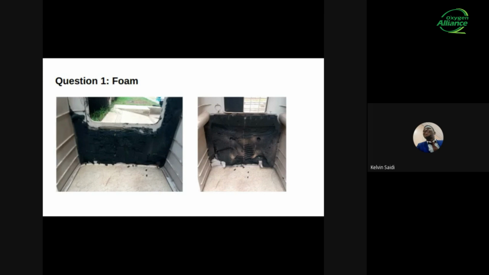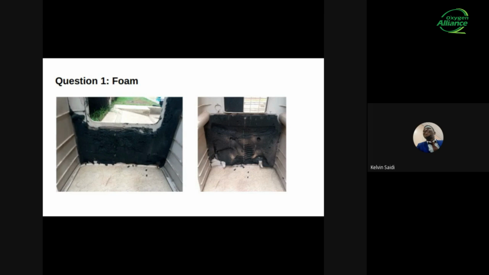Usually foam becomes sticky after some time due to a natural process called oxidation. Over time, the foam material reacts with the oxygen in the air, and this causes it to break down and become sticky. And this is particularly true for a type of foam made from polyurethane, which is commonly used in furniture cushions, mattresses, and in our case, insulation.